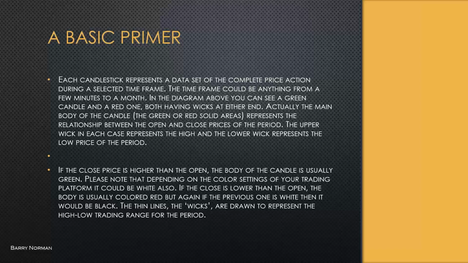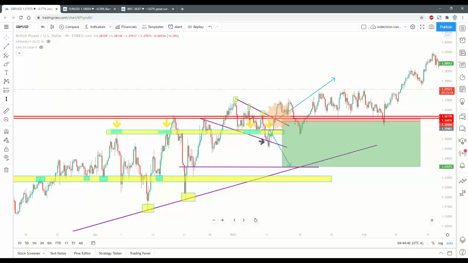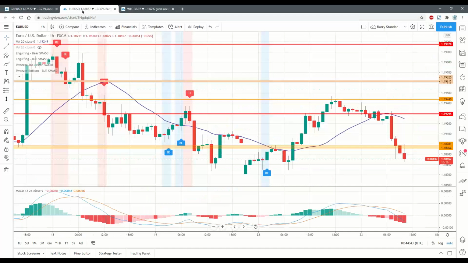I'm going to pop up some charts on your screen. Okay, so here we're looking at my standard teaching chart. And what you see on here are these red and green things. These are candlesticks. Now we have many different types of charting.